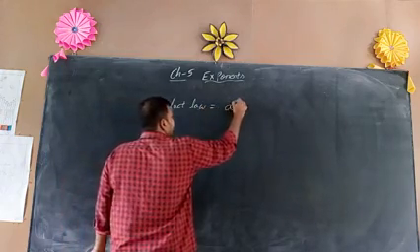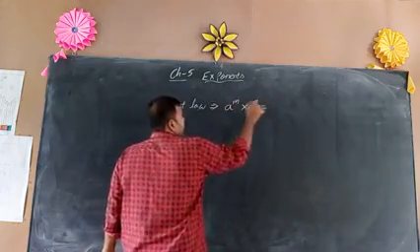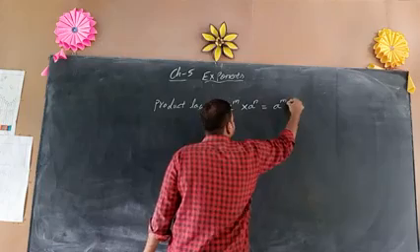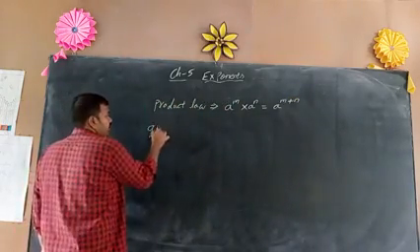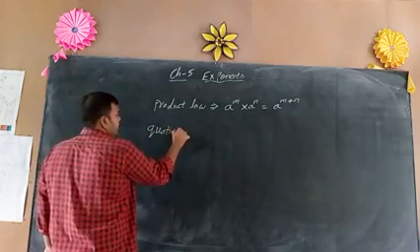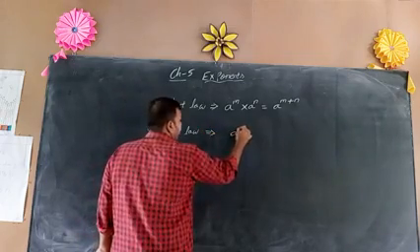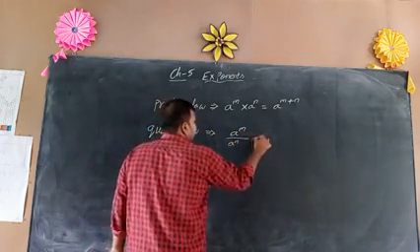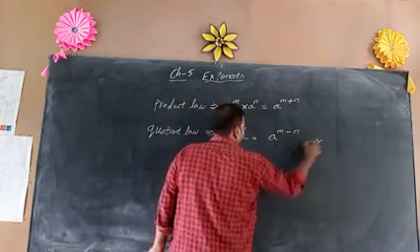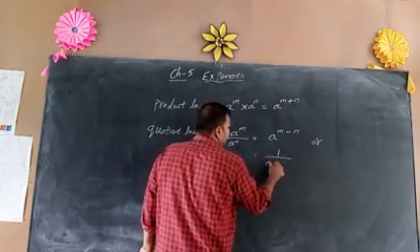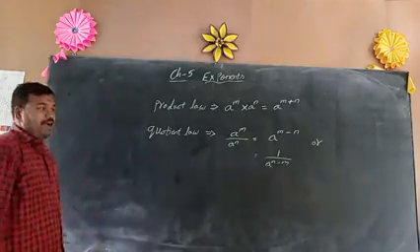Product law: a to the power of m into a to the power of n is equal to a to the power of m plus n. Next one is quotient law. Quotient means division: a power m by a power n is equal to a to the power of m minus n, or 1 by a to the power of n minus m.